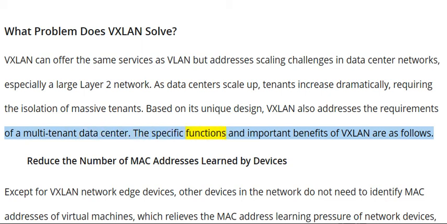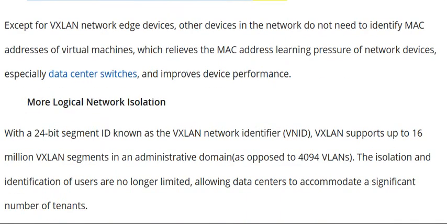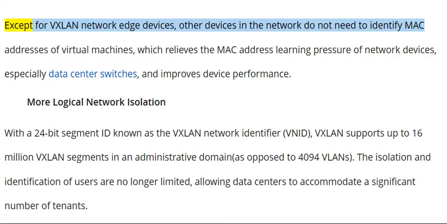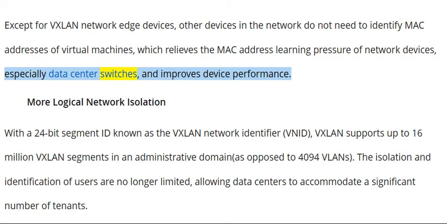The specific functions and important benefits of VXLAN are as follows. Reduce the number of MAC addresses learned by devices. Except for VXLAN network edge devices, other devices in the network do not need to identify MAC addresses of virtual machines, which relieves the MAC address learning pressure of network devices, especially data center switches, and improves device performance.